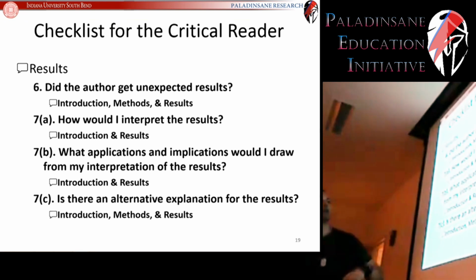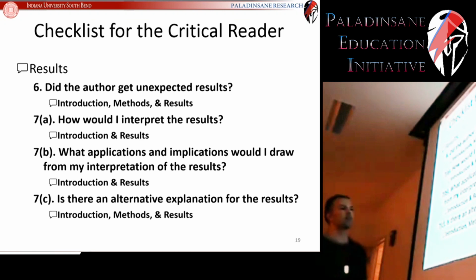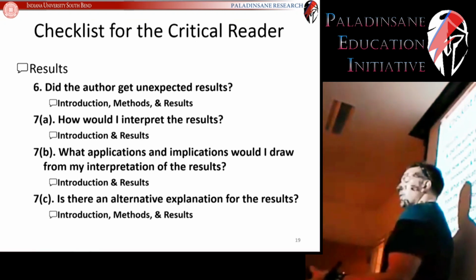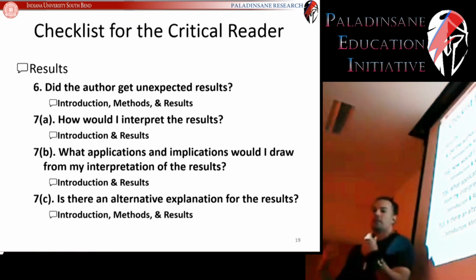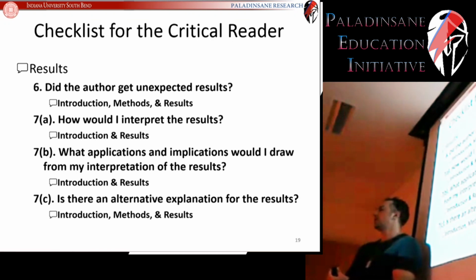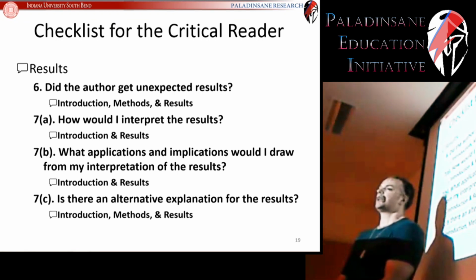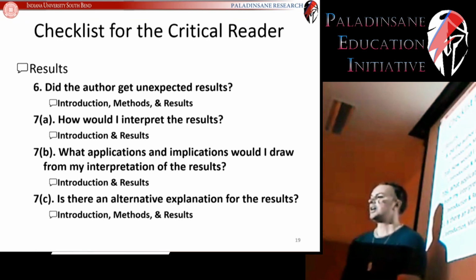What applications and implications would I draw from my interpretation of the results? So in our group memory experiment, what applications can you use for this? What instances of people working in groups in society would this affect?